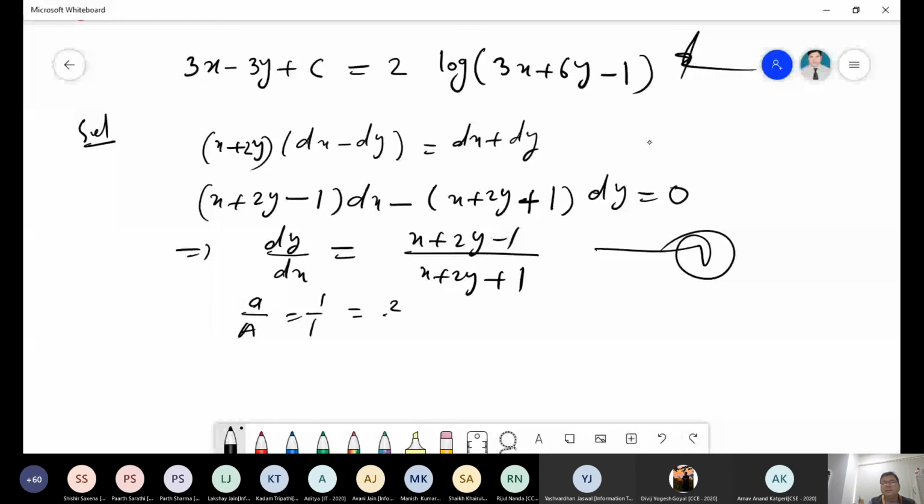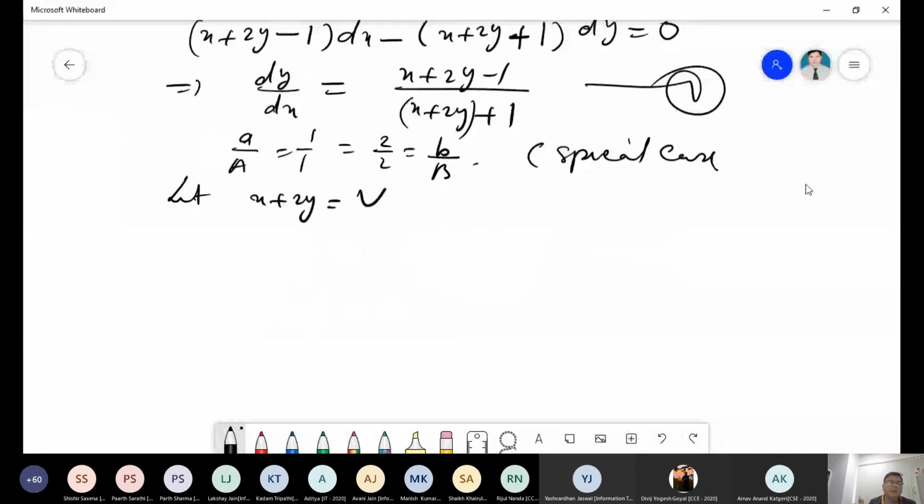You can do that. So this will be 1 plus 2 dy by dx, and this will be equal to dv by dx. In this way, you can substitute in equation 1, and then you solve this equation.